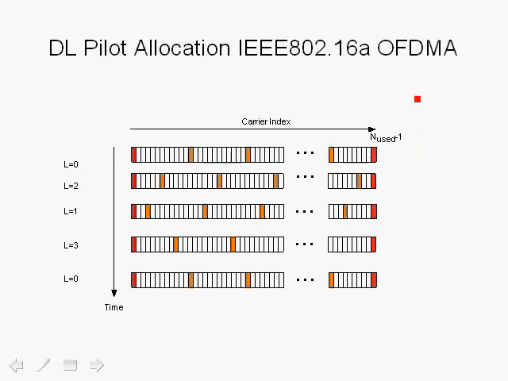Now this nice diagram shows what's going on. If you refer back to the standard itself, there's a number of equations that actually give you exactly what the index is of the pilot. This picture, also adapted from the standard, shows clearly what's going on. In the case of the downlink subframe used in OFDMA, the pilots are arranged as follows. Here we show the carriers for an OFDM symbol.